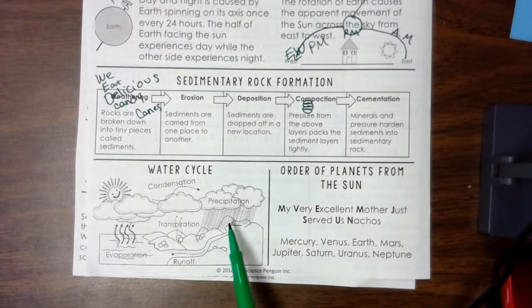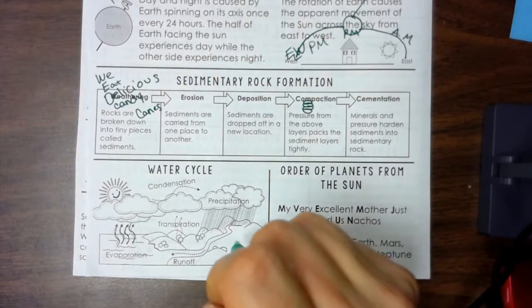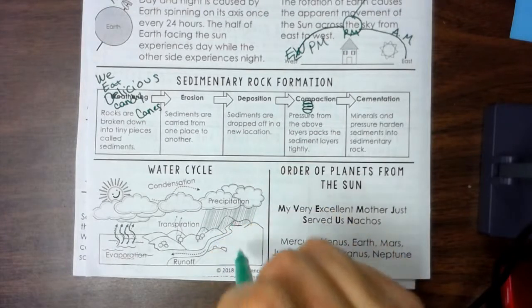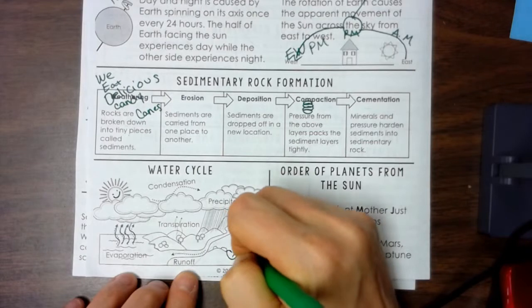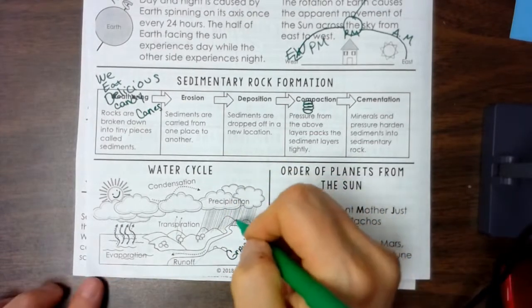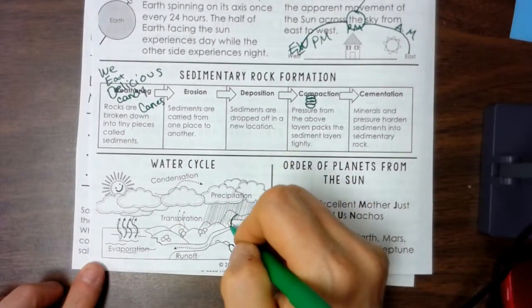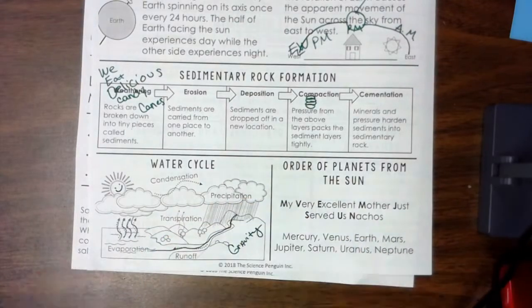Precipitation can be rain, snow, sleet, hail. And then that precipitation comes back on Earth. And of course, thanks to gravity. Yay. Hello, gravity. Yay. Thanks to gravity, all the water runs downhill and eventually back into your lakes, streams, and ponds where it can get warm again and go back up.